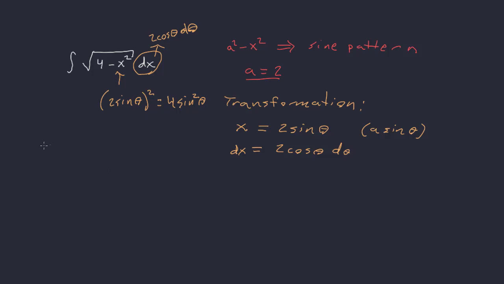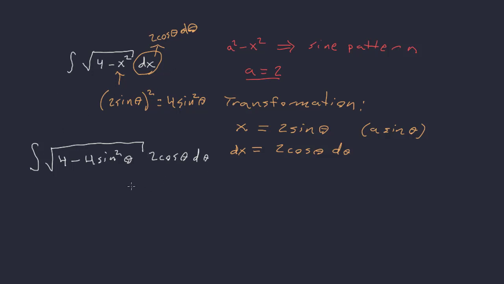Okay, so let's write this new integral. After the transformation, it's going to be the square root of 4 minus 4 sine squared theta, and then the dx becomes a 2 cosine theta d theta. All right.